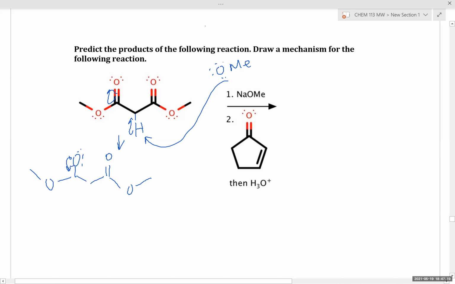Please draw the enolate double bond. So from here, our enolate can attack electrophiles such as our enone beta carbon.